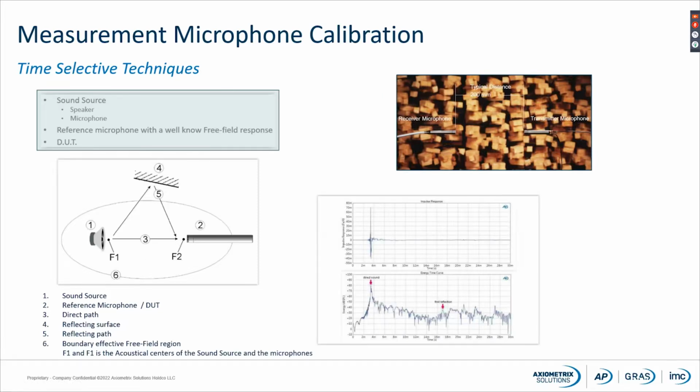This is done by having an impulse from our sound source and only looking at a little part of the time signal, the first few milliseconds. Then we will be able to obtain the true response of the microphone under test, because we get rid of all the reflections.